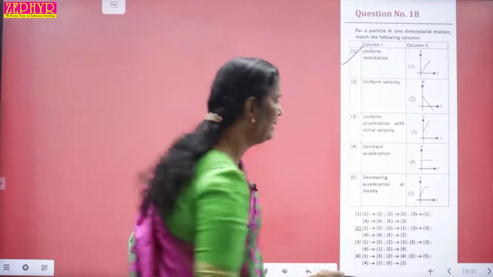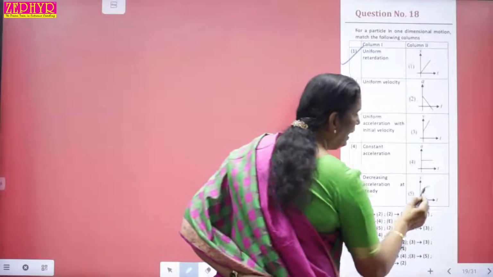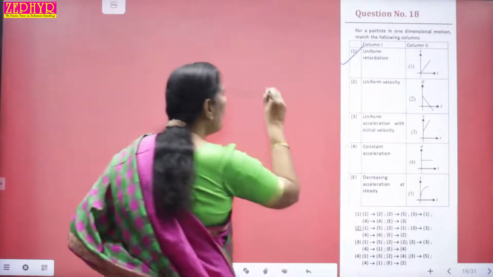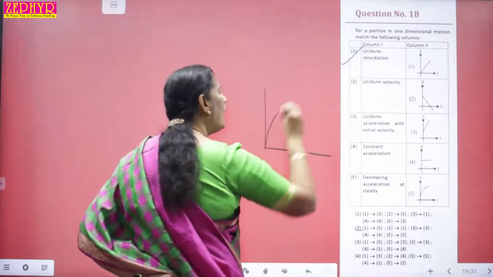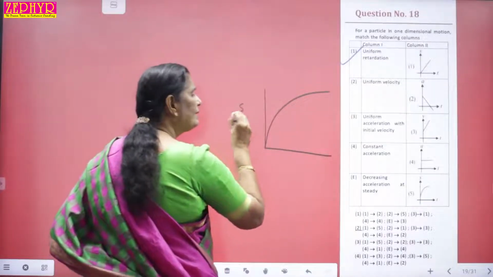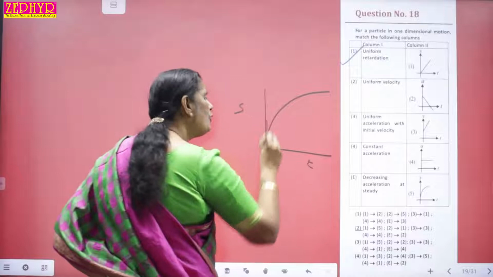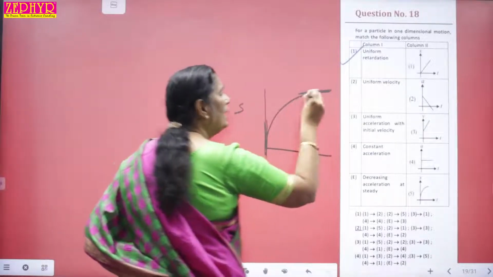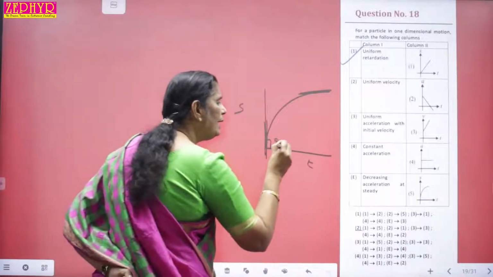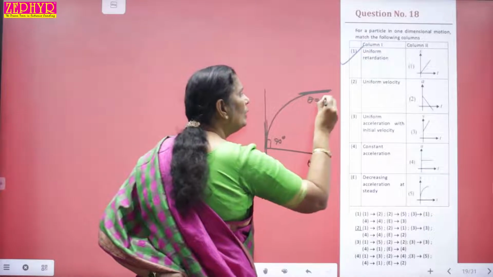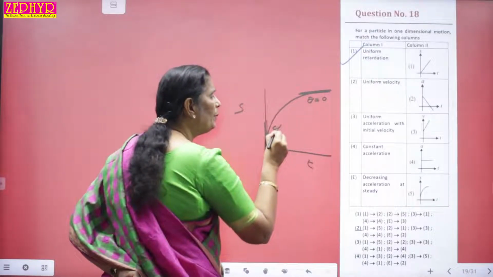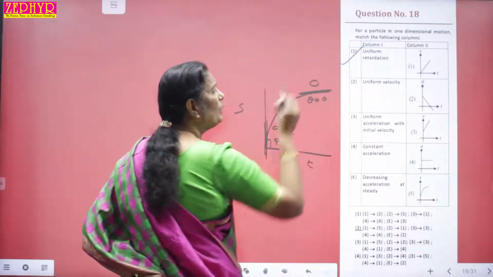See the last one. The graph is like this. It is a distance-time graph. If you think about the velocity, here the angle is 90 degrees, so the slope is infinity. Here the angle is 0 degrees, so the slope is 0.